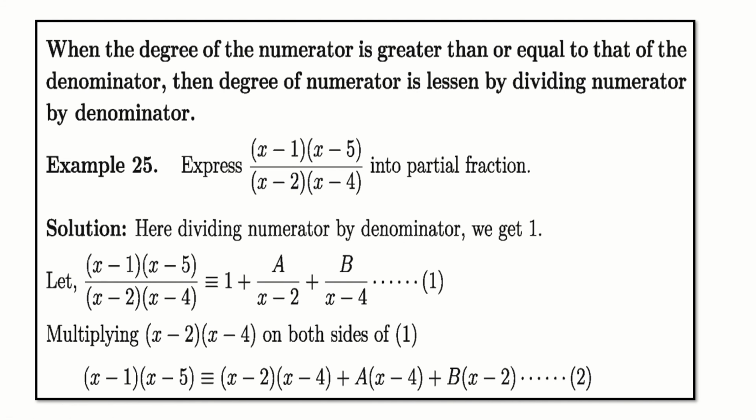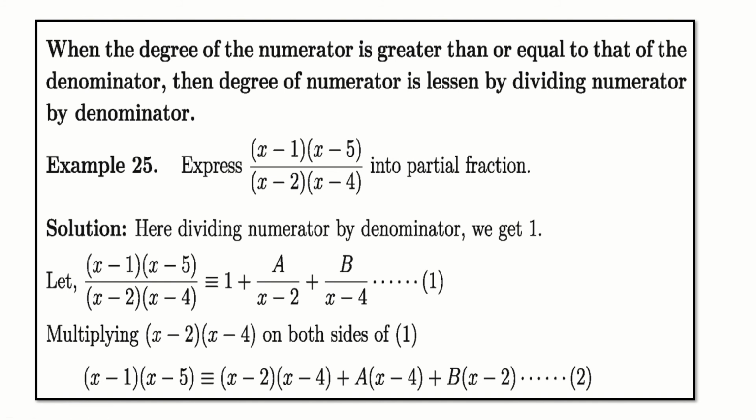So you have to divide numerator by denominator. As a result, here will be 1 plus something. Plus what? It doesn't matter. But when this is divided by the denominator, the numerator will be 1, as here is constant 1.